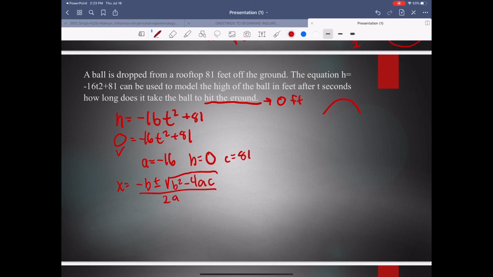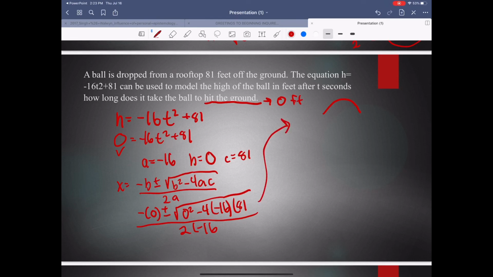So substitute 0 plus or minus the square root of 0 squared minus 4 times negative 16 times 81, all this divided by 2 times negative 16. So I'm going to come over here to simplify it.